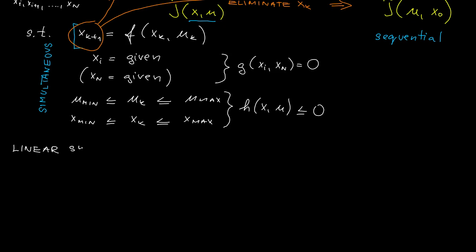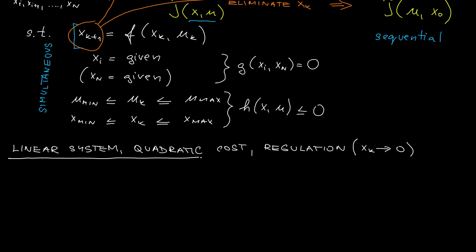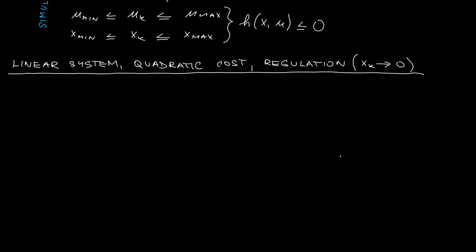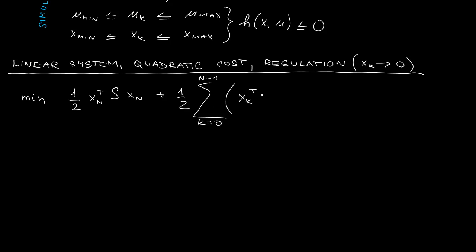and I will illustrate it in a while by means of an example. In particular, we will consider a linear system, we will consider quadratic cost, and we will consider the so-called regulation task, in which the goal is to bring the state to zero. Now, the cost function will look like this. It will be 1/2 of the term corresponding to the state at the final time, and 1/2 of the sum of the terms corresponding to states and controls throughout the interval of control.